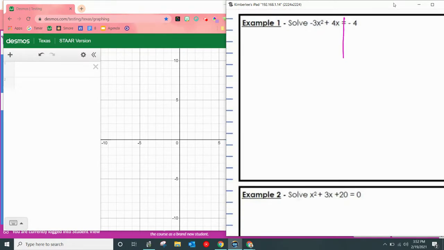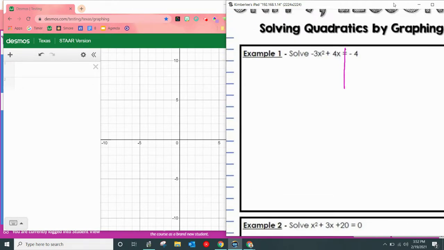That one is equal to 0. Great. I need example 1 to look like that. So I just need to move my -4 over. Well, the opposite of -4 is what? +4. So if I add 4 to both sides, boom, I'm done. Because over here, -4 plus 4 is 0. That's what I wanted. I wanted that to cancel out, and I wanted it to equal 0 on that side.